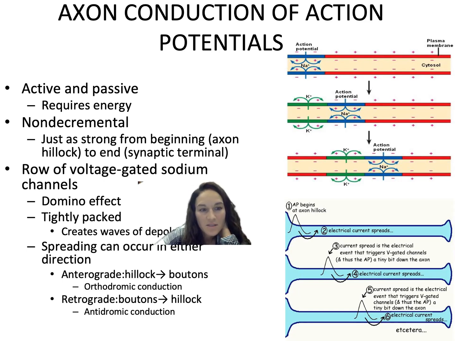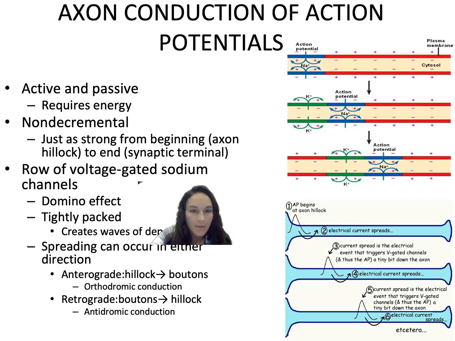Sodium rushes in, spreads, and then that spreading sodium coming in is depolarizing the membrane adjacent to it, and now voltage-gated sodium channels next to it on the membrane can open and spread. And this opening and spreading of depolarization goes down the length of the axon to the terminal, until those voltage-gated channels are inactivated.